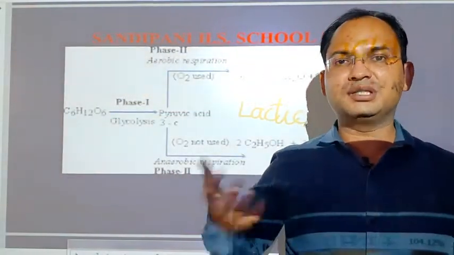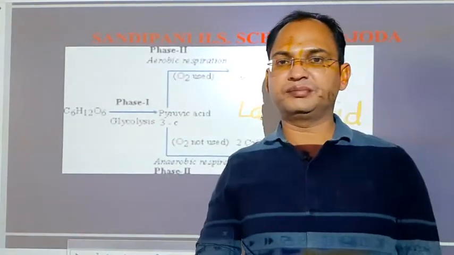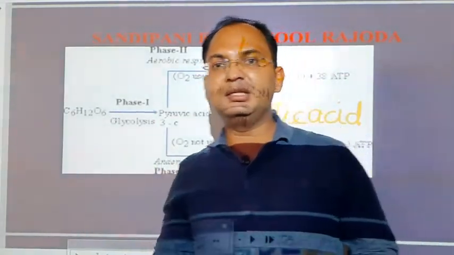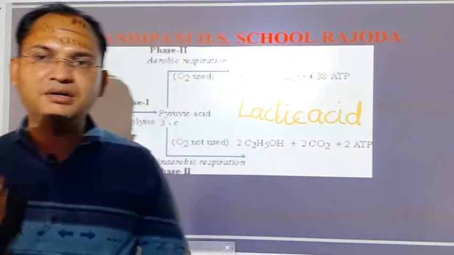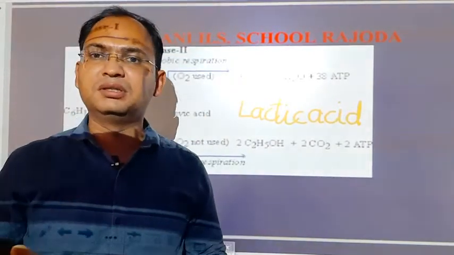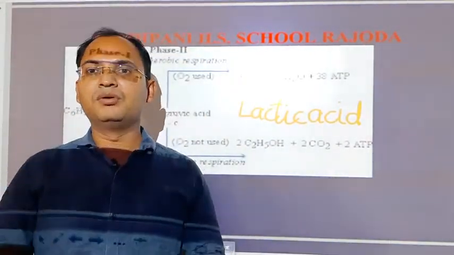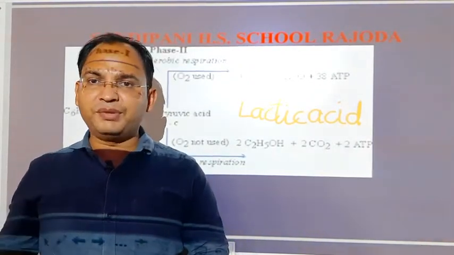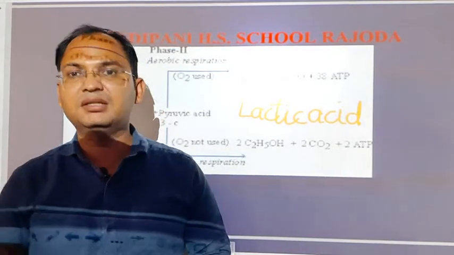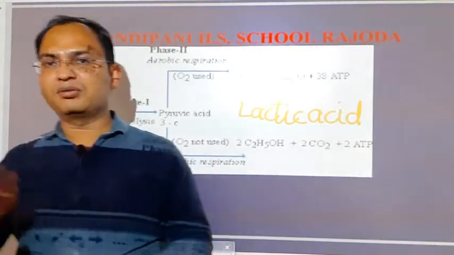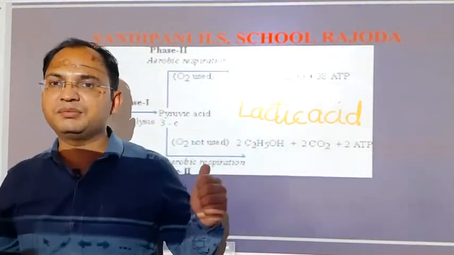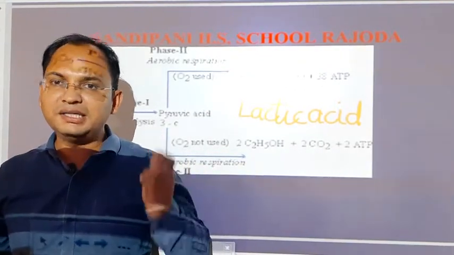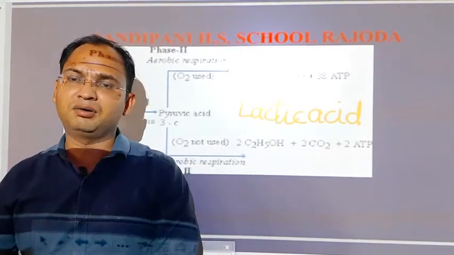The best example of the production of lactic acid is that this lactic acid is produced inside our muscles. Whenever we suddenly do some hard work or some physical work, there is no sufficient supply of oxygen to our muscle cells. Then our muscle cells perform respiration, but with an insufficient amount of oxygen.